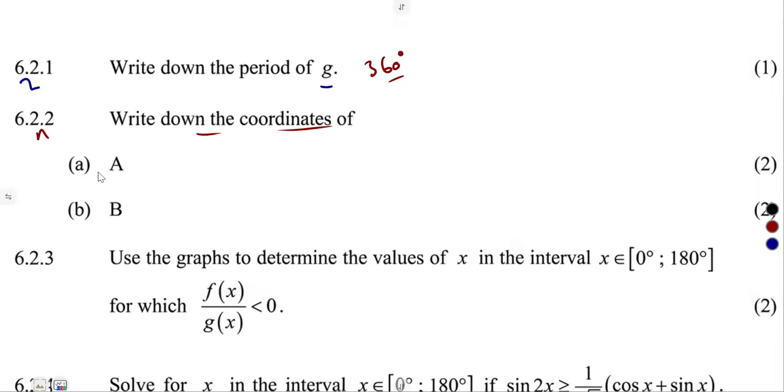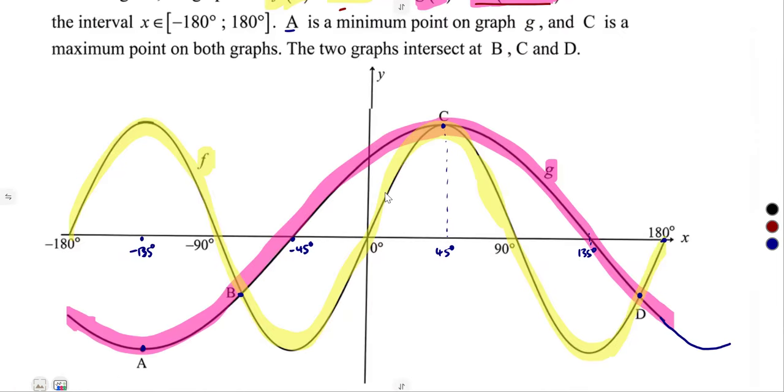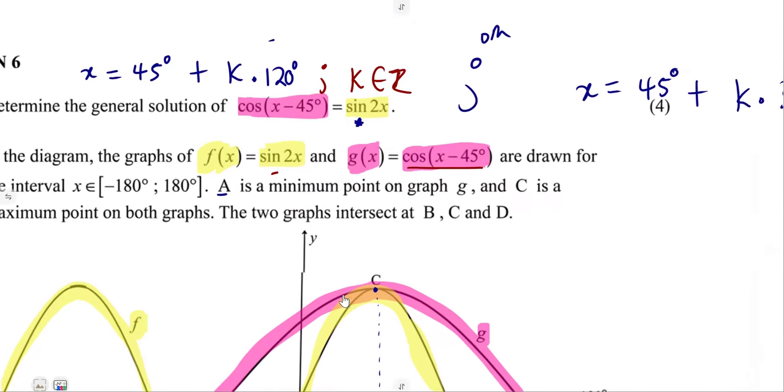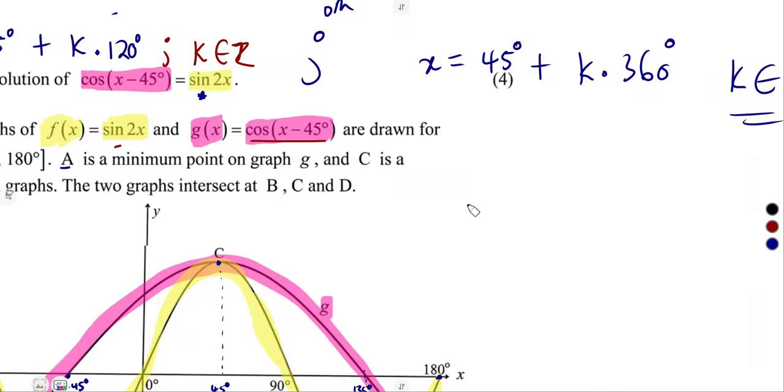6.22, write down the coordinates of the point A. So the point A is at minus 135, as I was saying, minus 45, this and that. So guys, this is minus 135. It lies on the graph of G, where x is minus 135. So we can simply substitute in the graph of G, x is minus 135. So for 6.22, the coordinate of the point A, x is minus 135 degrees. So what about the y value?